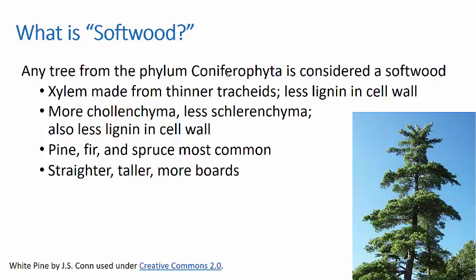So they have less lignin, more cellulose, and remember cellulose makes soft fibers, so that's not as strong, and so the xylem are not as strong. Also, in the boards you will find more collenchyma and less sclerenchyma. Remember, collenchyma and parenchyma are softer tissues. Sclerenchyma was the super hard lignin-bearing tissue, so we didn't have much of that.